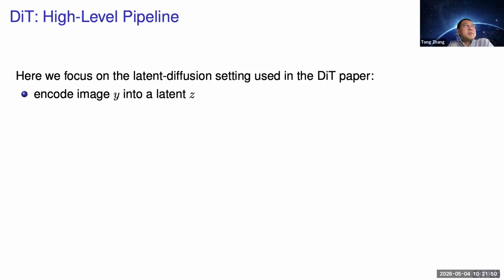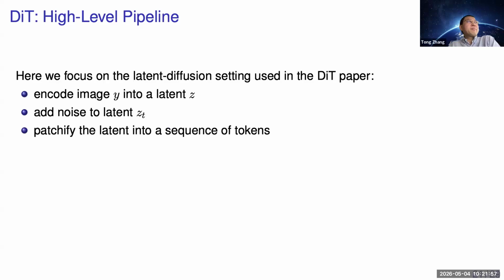In this latent space, you encode the image into a latent and add noise. Then you patchify the latent into a sequence of tokens. Patchify and unpatchify are very similar to ViT, which also has patchify. An image token is a patch of p by p size, the patch size.